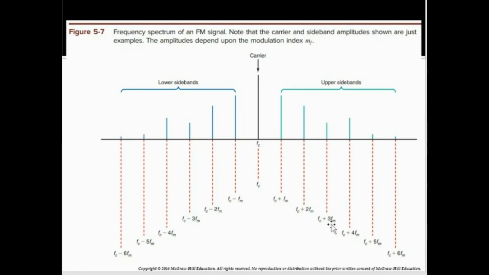Here, for example, you have lower amplitude. The second sideband is lower in amplitude. The third one is still decreasing. Then the fourth one is increasing. So there is no uniform condition to say the sideband amplitudes keep reducing, or that the carrier amplitude remains constant and higher than the sidebands.